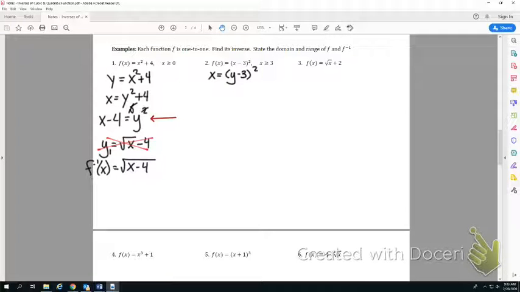Square root. So I've got the square root of x equals y minus 3. And then what would I need to do? Add the 3. So is the plus 3 going to be inside the radical or outside the radical?